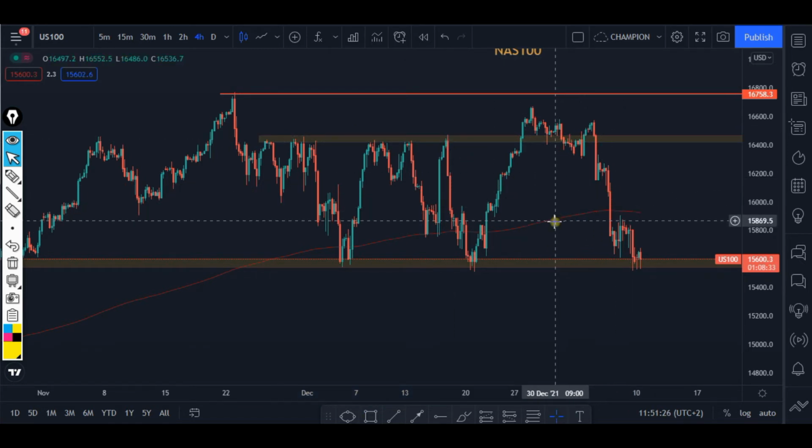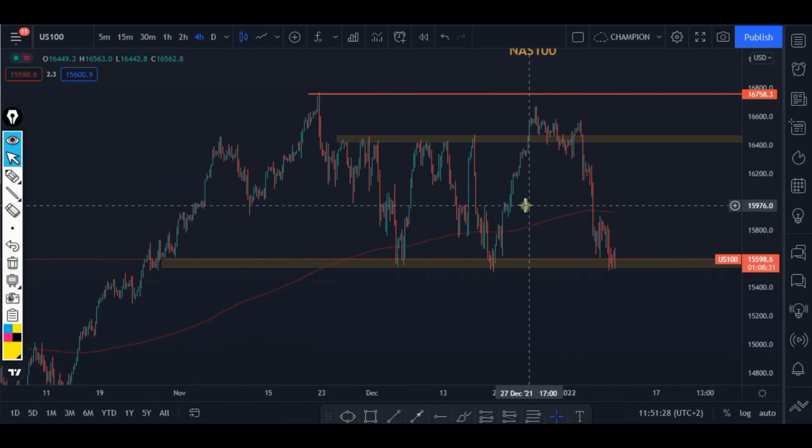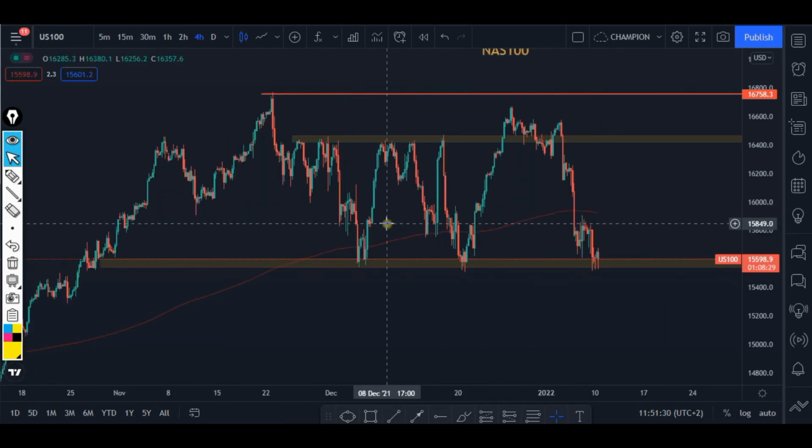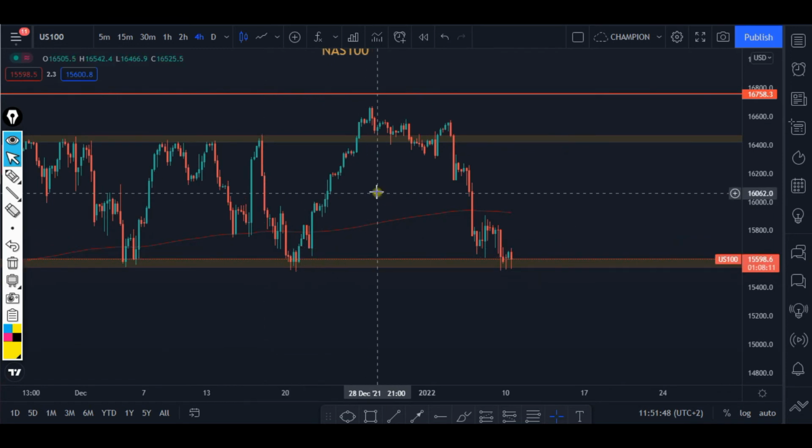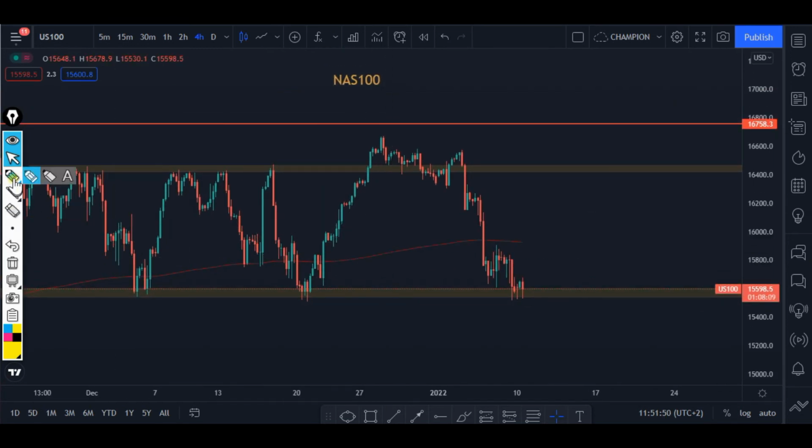And at the moment we can see that the NASDAQ 100 is in correlation. Why I'm saying it's a correlation, because you can see that it's moving this way. So if you trade correlations, you just have to be able to target the trends.